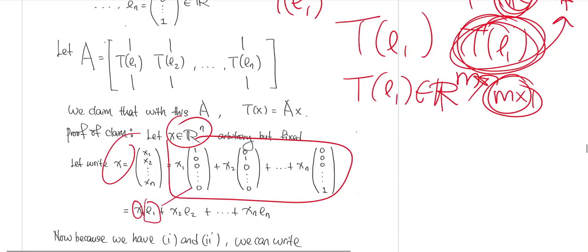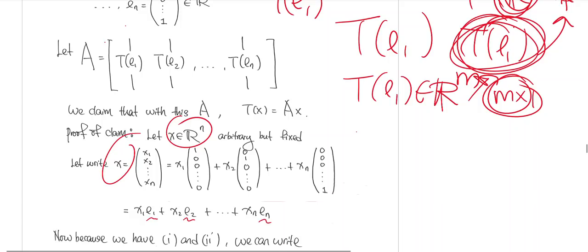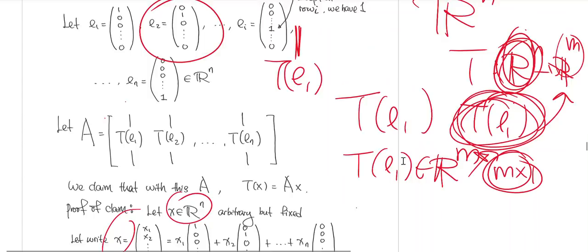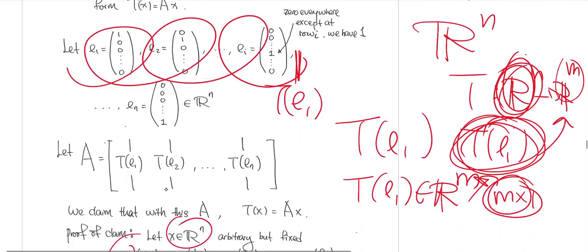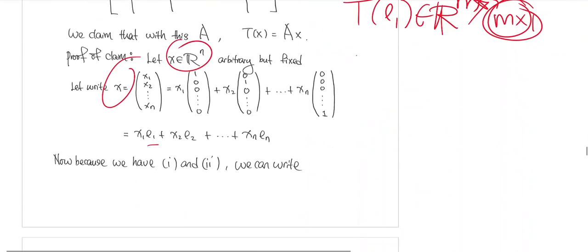This is actually an m by 1 column vector. We have to be careful about notation. Sometimes they use this notation, but if things are clear, how do you know it's clear? Because I spell it out for you: this is e1, e2, and so on. So these are vectors, and x can be written as this.